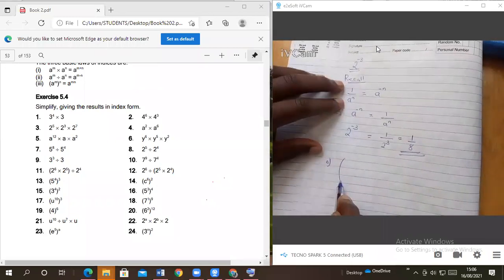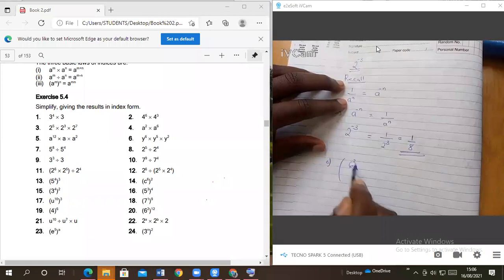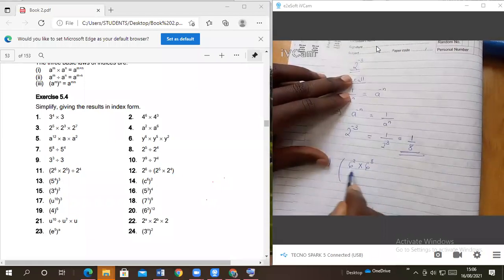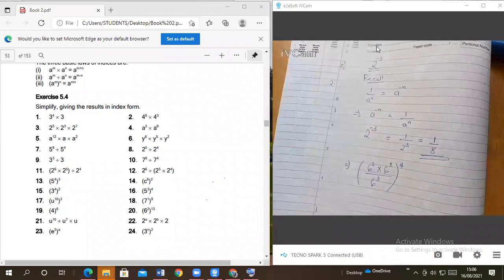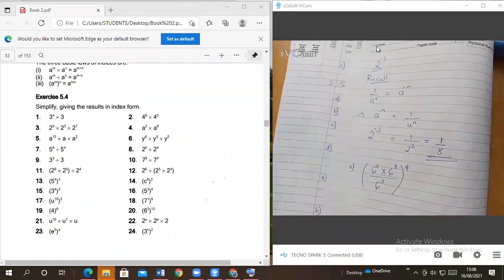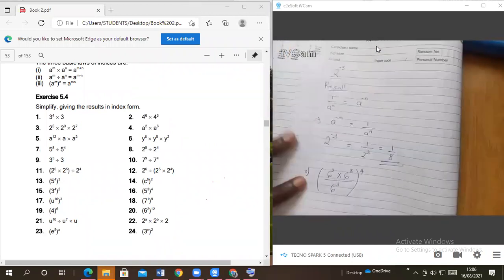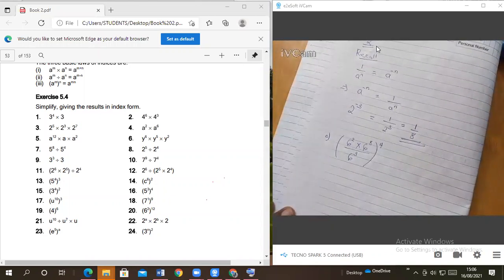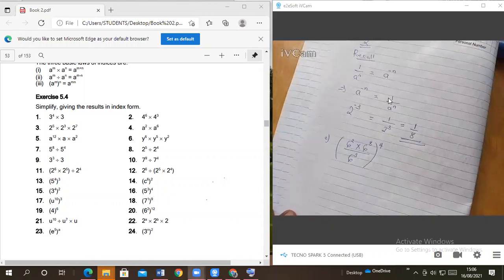I have 6 to the power 2 times 6 to the power 8 divided by 6 to the power 3, all of them raised to another power 4. Have you seen that? Members, have you seen that? So how are we going to work it out?